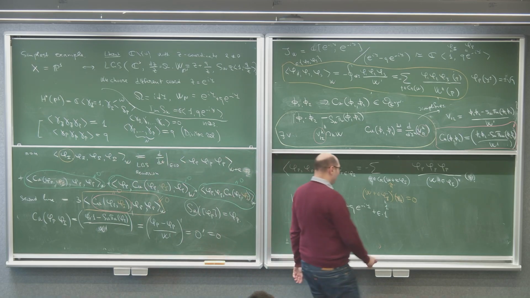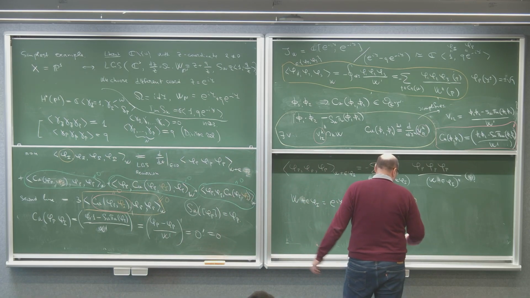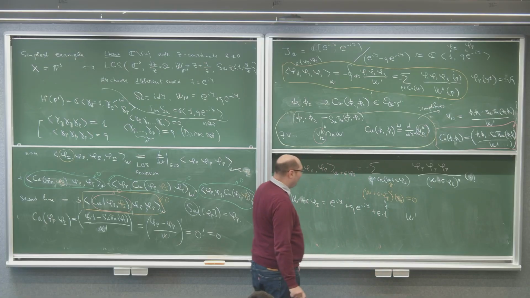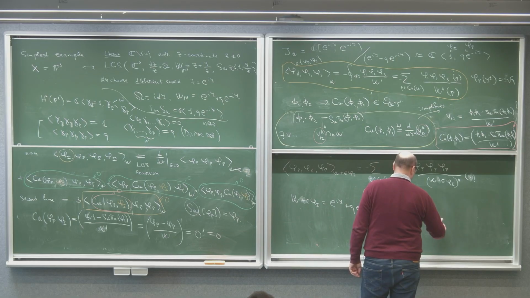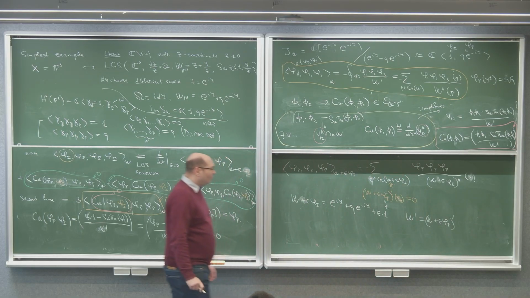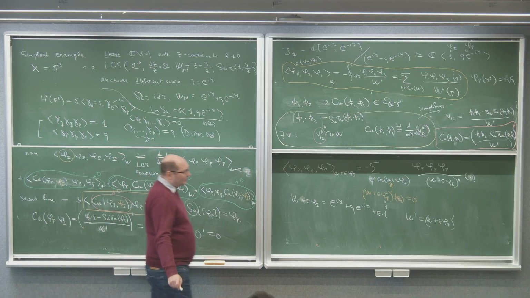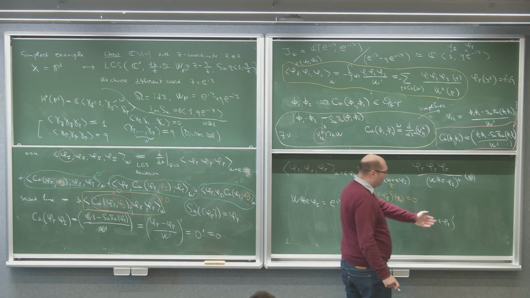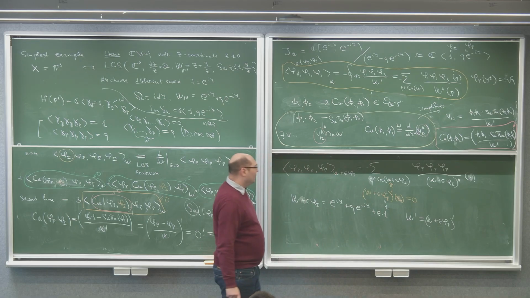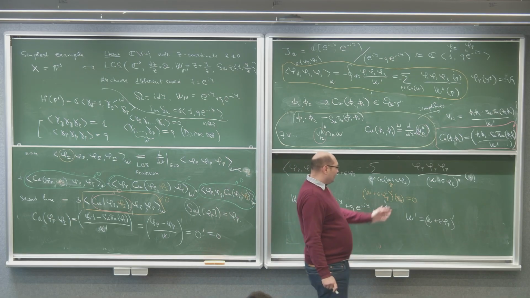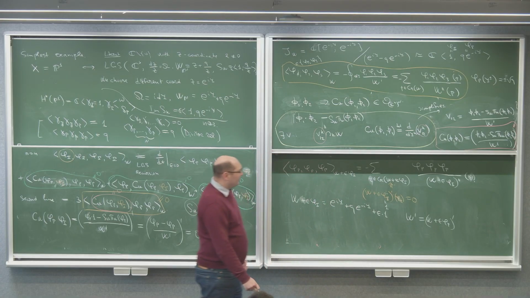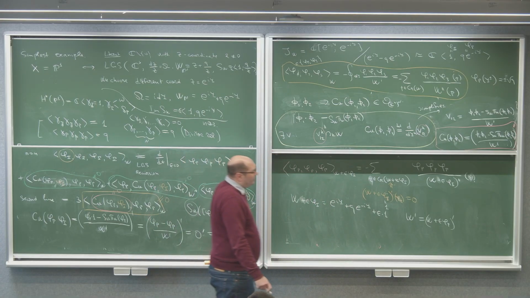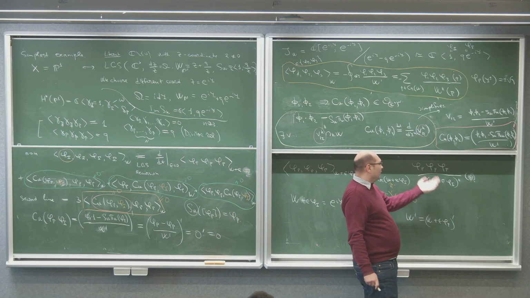If I take the derivative with respect to y, computing W prime, this derivative will eliminate the constant term. So W prime is independent of epsilon, and therefore the critical points for W and for W plus a constant are the same, and the same holds for the second derivative.